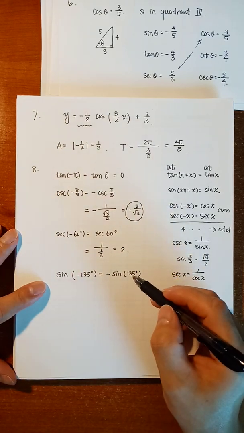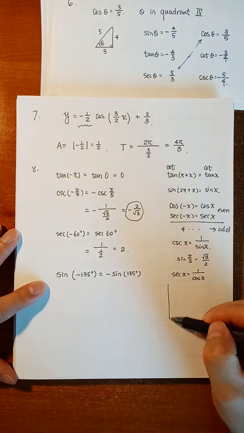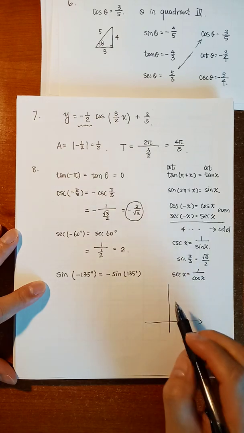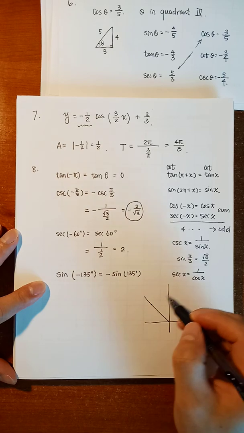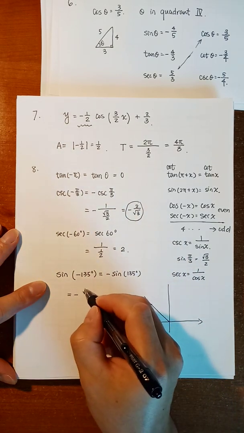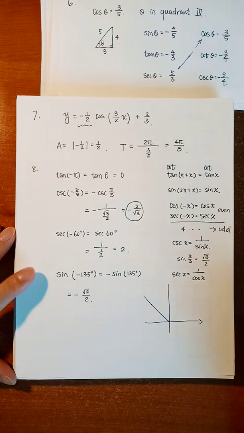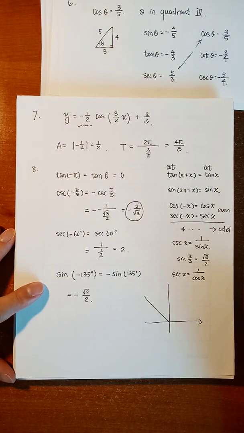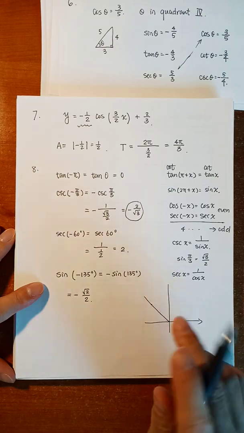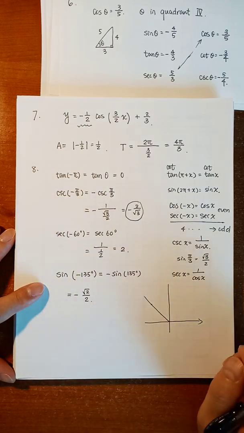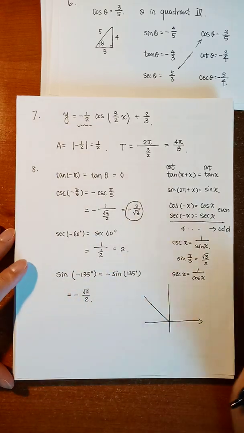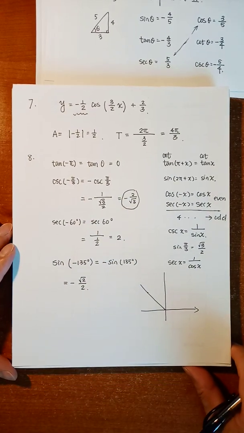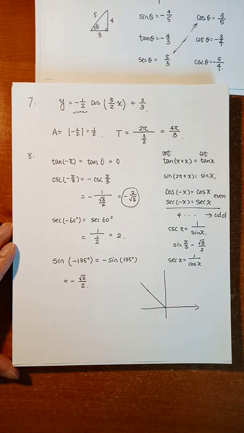And 135, do you know what it is? 135 is this diagonal, so it is square root of 2 over 2. In the second quadrant, the sign is positive. So without the negative sign, it's square root of 2 over 2. With this negative sign, it's negative square root of 2 over 2.